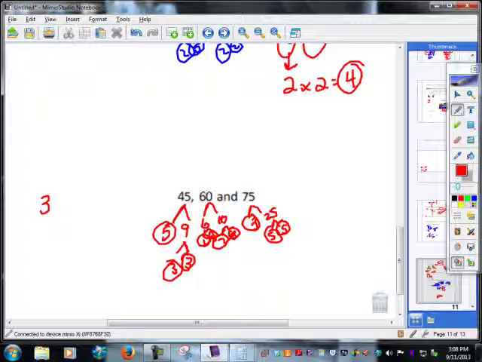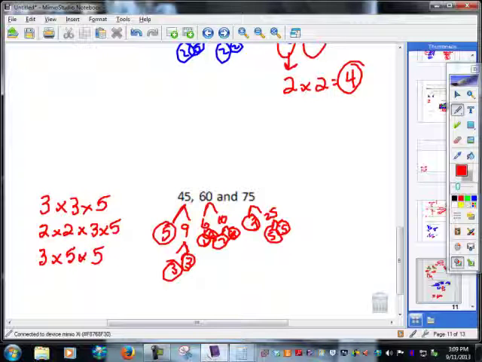So 45 is 3 times 3 times 5. 60 is 2 times 2 times, let me see, 2 times 2 times 3 times 5. Okay, and then 75 is just going to be 3 times 5 times 5.